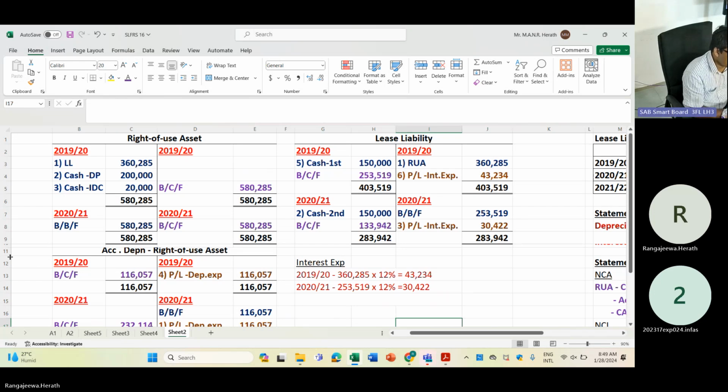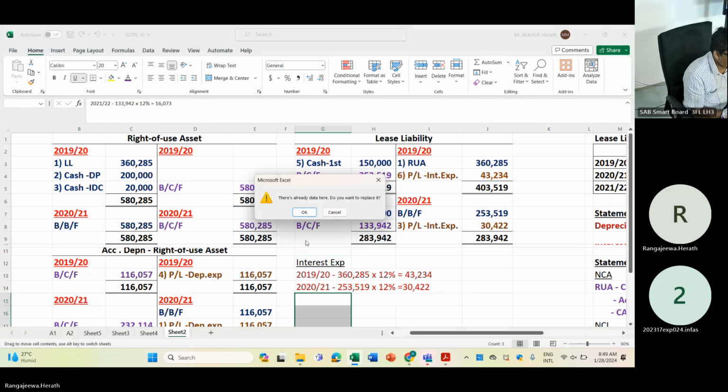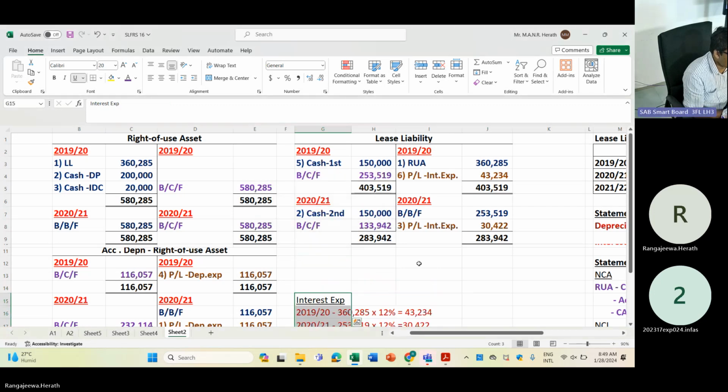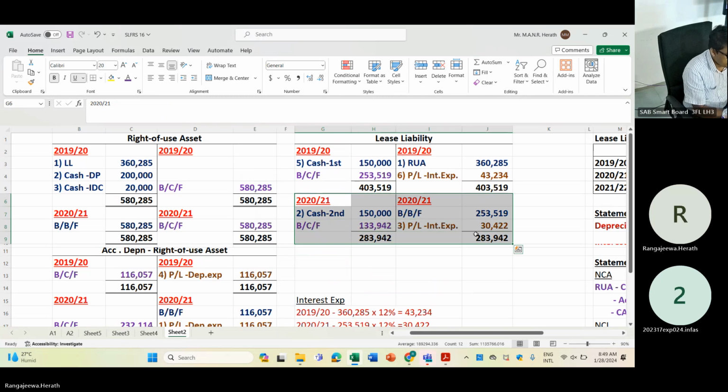Here we can go for 30 also, right? Here I just prepare 2 years, right? You can have it last year. So last year I was paying the lease liability account again on 30, with the same balance carried forward. We did 30 year.